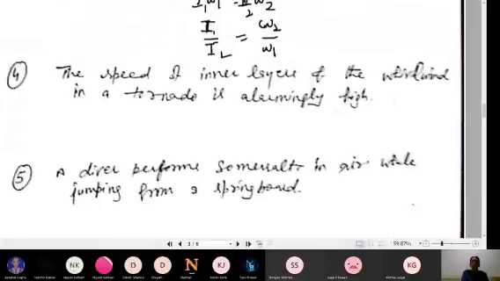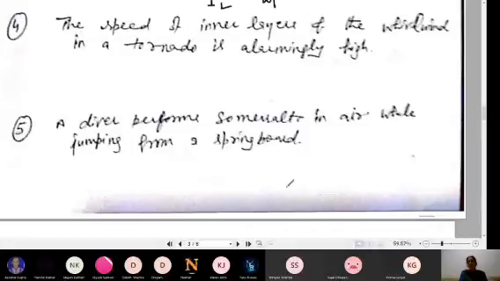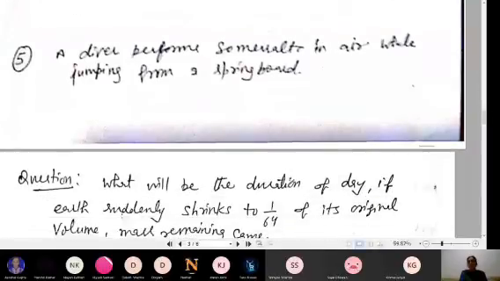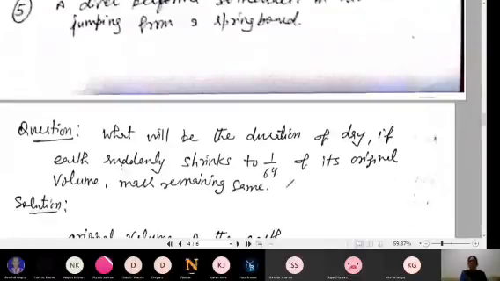And a diver who is jumping from the springboard into the water is able to perform a somersault simply by bringing his hands closer or apart, can change his angular speed and can perform the somersault. The same way you can explain all these examples.